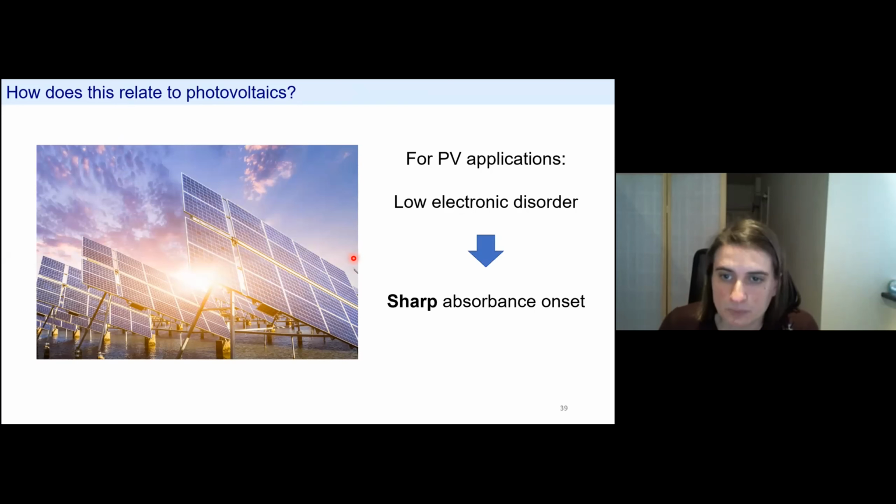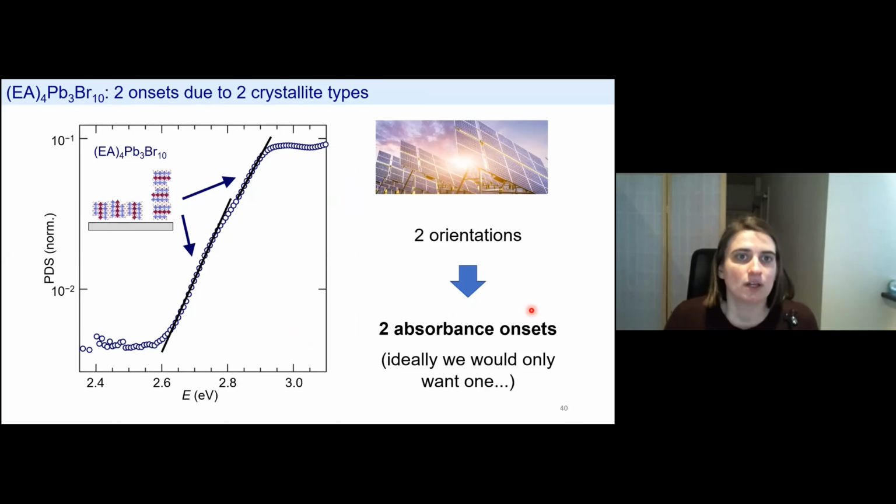And in particular, the parameter that we want to look at is the absorbance onset. So for an absorbing technology, we want this to be a sharp absorbance onset with low electronic disorder. We see that our ethylammonium lead bromide film has crystallites oriented in two different ways. This is the absorbance onset of the free exciton specifically, not of various defects. We see that there are two absorbance onsets that are offset roughly by what we would expect from shifting of the free exciton.